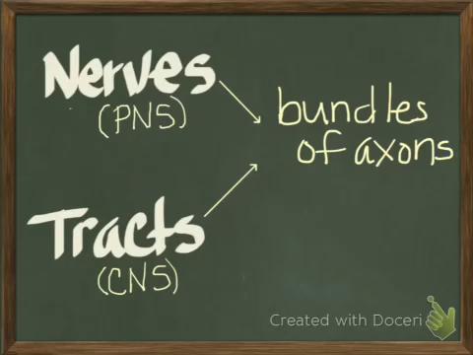The last two components of the peripheral nervous system include the nerves and the tracts. Nerves and tracts are basically bundles of axons that are carrying information in the same direction or from the same area. If the bundle of axons are in the PNS, then it's called a nerve. If the bundle of axons are in the CNS, then it's called a tract.